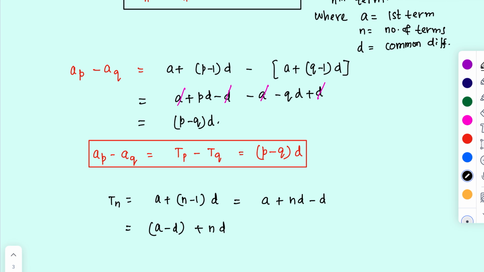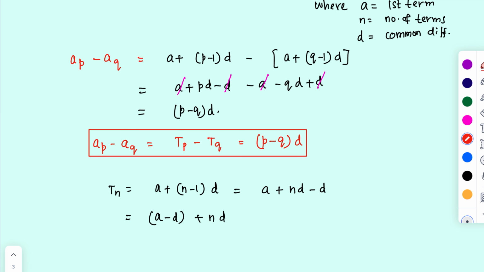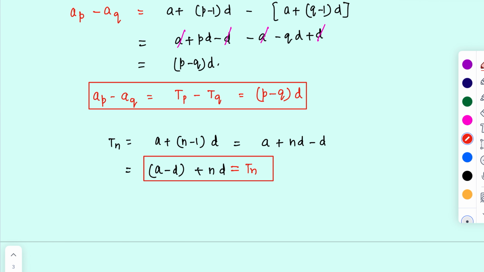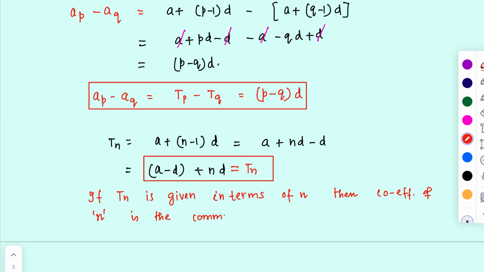And here, if Tn is given in terms of n, then the coefficient of n is the common difference.